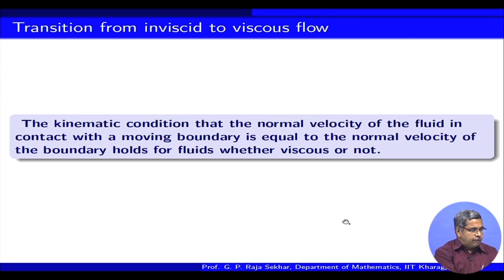So, a quick inference. Recall the first question that we asked: whether there will be a difference when you have viscous and inviscid fluids. Okay, that is the first question. So far what we discussed is that the normal velocity is 0, because nothing is penetrating, assuming it is an impermeable surface.